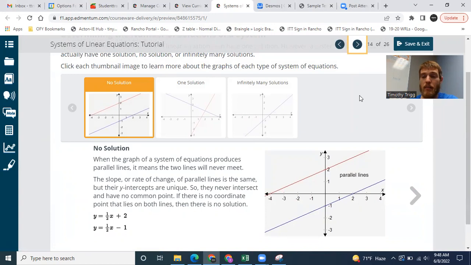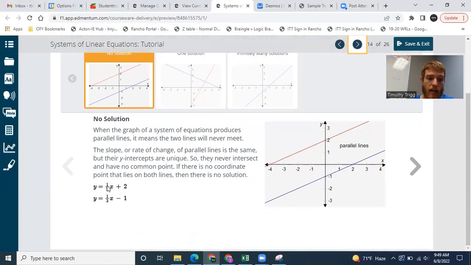A couple things to keep in mind. Sometimes you have parallel lines. And if we're looking for the intersection of parallel lines, well, as we know from previous lessons, parallel lines don't cross each other. So if you have parallel lines and we're asking where do they intersect, well, the answer is they don't intersect. So this system would have no solution, right?